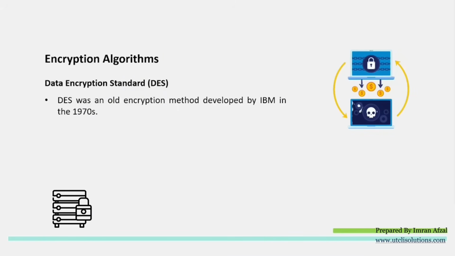It encrypts data in 64-bit blocks using a series of 16 permutation and substitution rounds to transform the plain text into ciphertext. Even though it has been replaced by more secure algorithms like the Advanced Encryption Standard, DES was a key player in the evolution of modern cryptography.